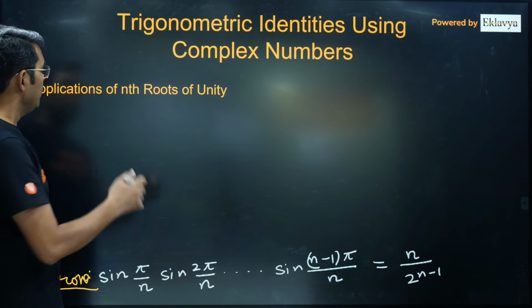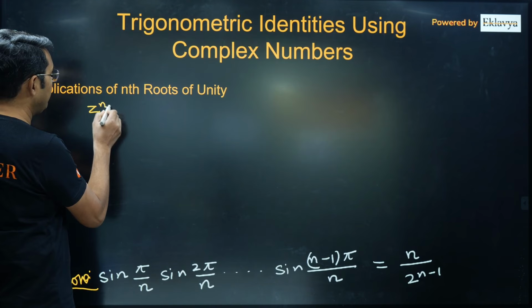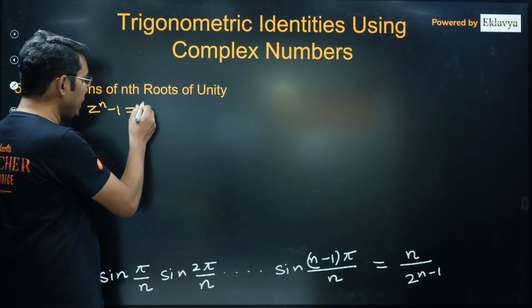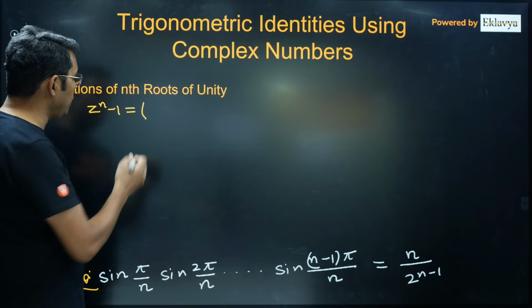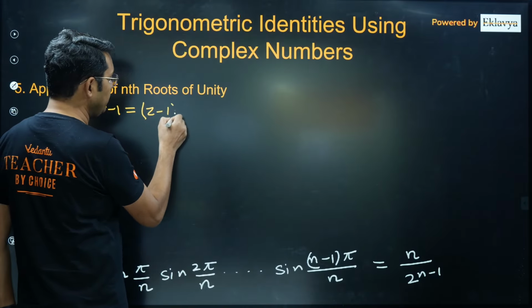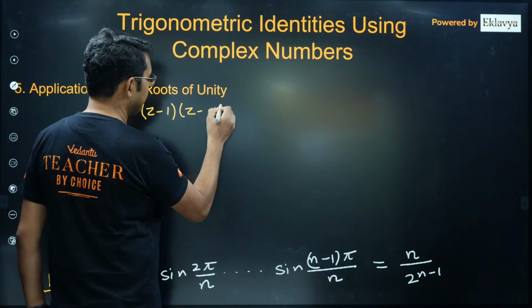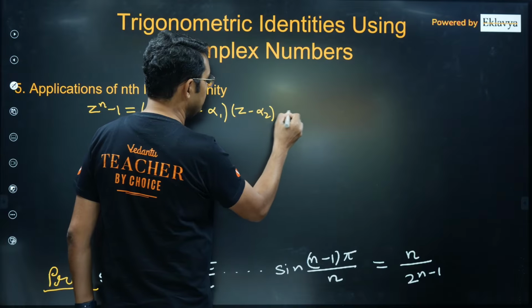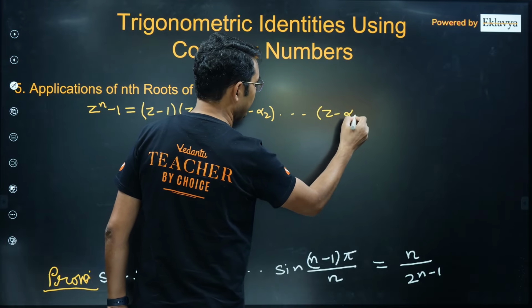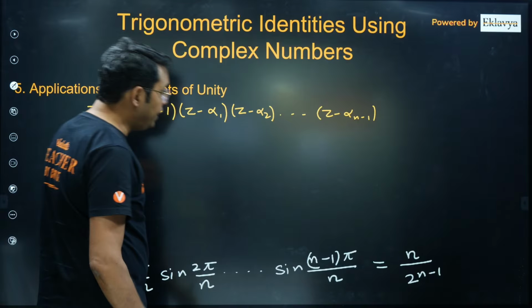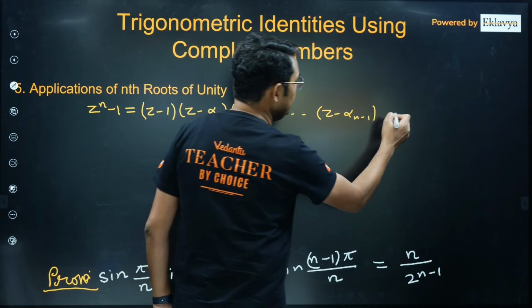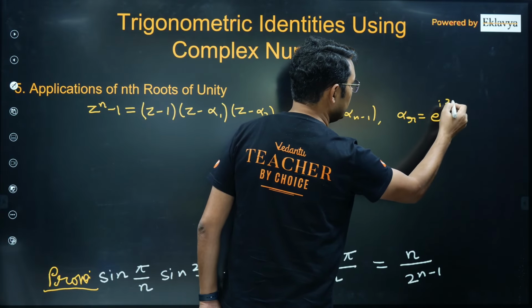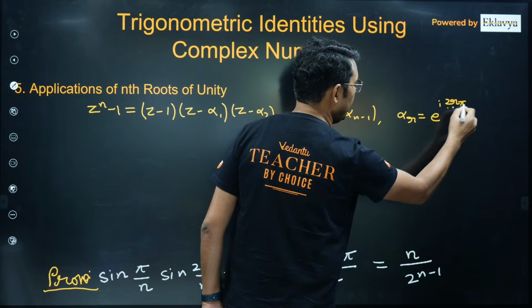How? Please see. So as I told you, z raised to the power n minus 1 equal to 0 has roots as 1, alpha 1, alpha 2, and so on. So using factor theorem, I can write this like this: (z minus 1)(z minus alpha 1)(z minus alpha 2), and so on, (z minus alpha n minus 1). Here this alpha r in general is e power iota 2r pi by n.